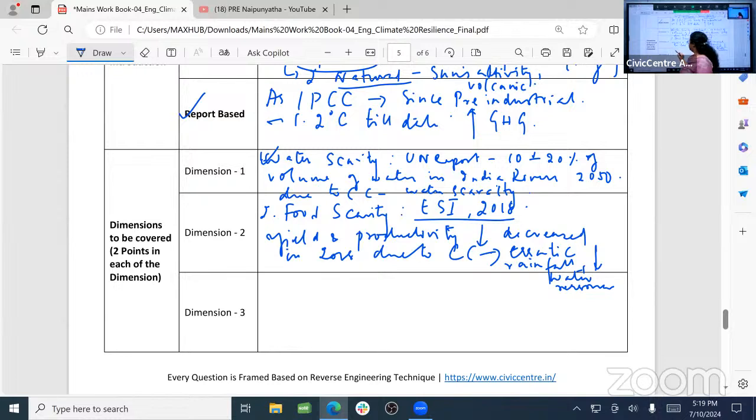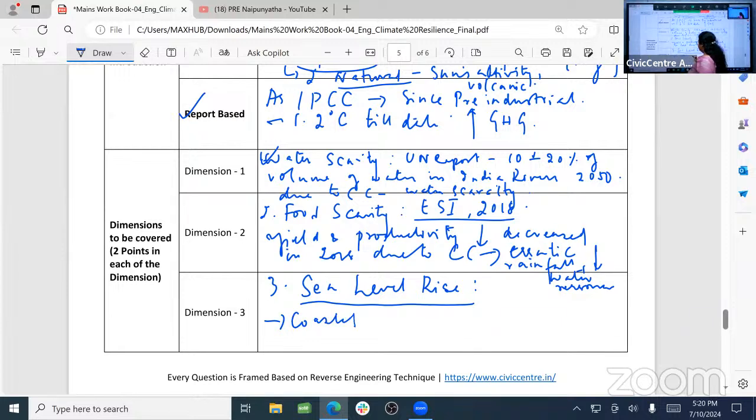Now, India has a long sea coast. So one of the impacts of climate change is sea level rise, right? Now, when the sea level is rising, that means there is coastal erosion. We are not discussing how the sea level is rising, all that.